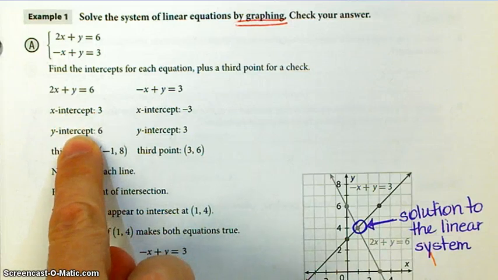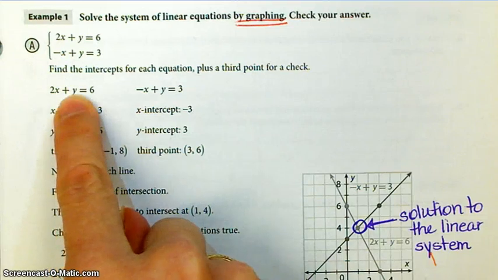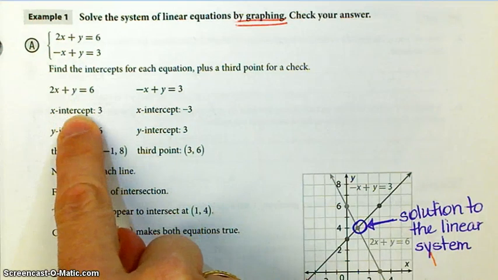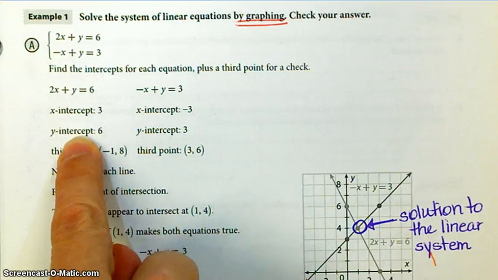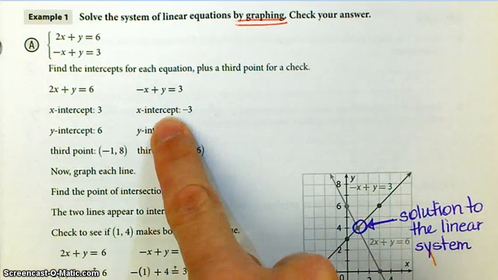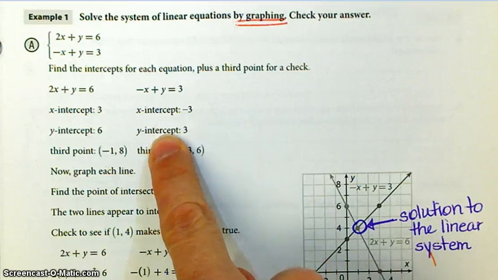You find your y-intercept by substituting 0 for x. So for this first equation, your x-intercept is 3, your y-intercept is 6, which gives you 2 points that you can graph. Over here, your x-intercept is -3, and your y-intercept is 3.